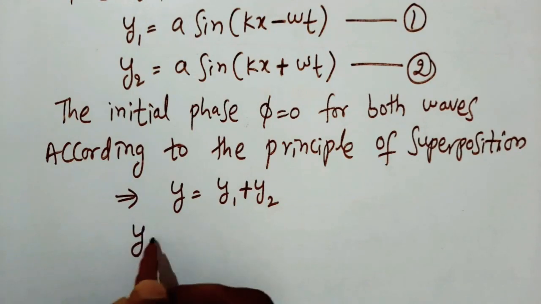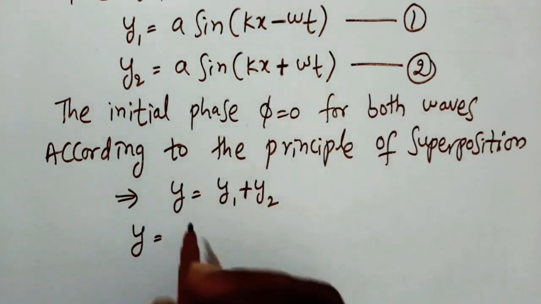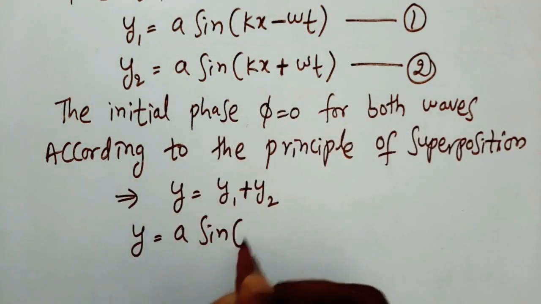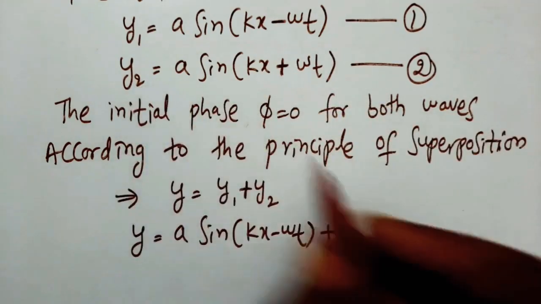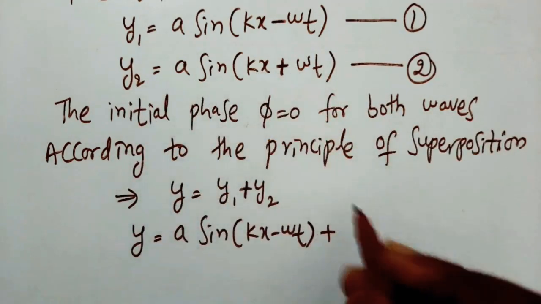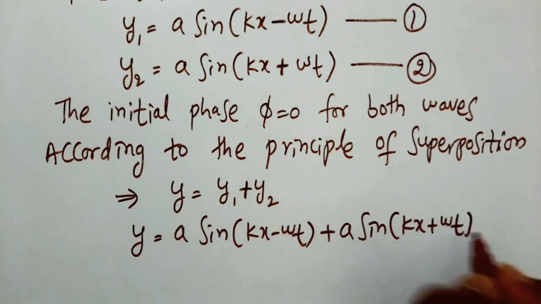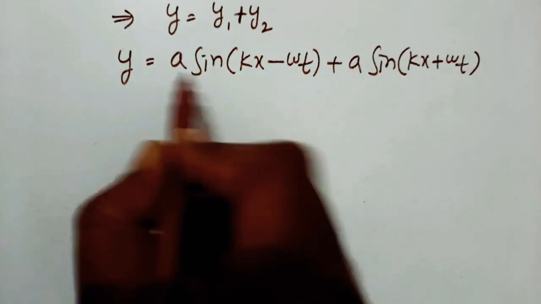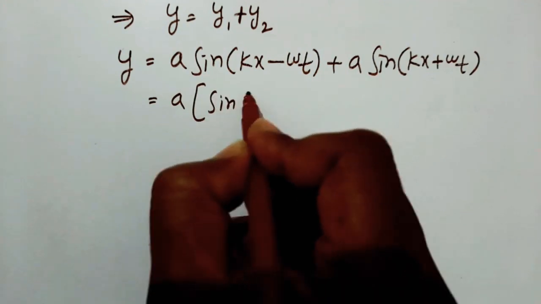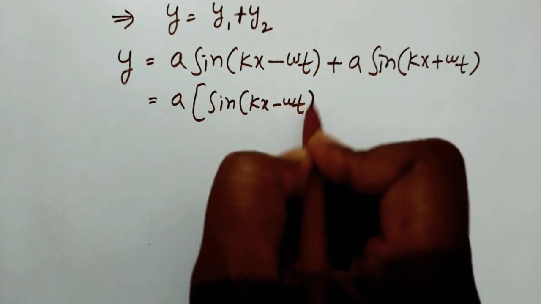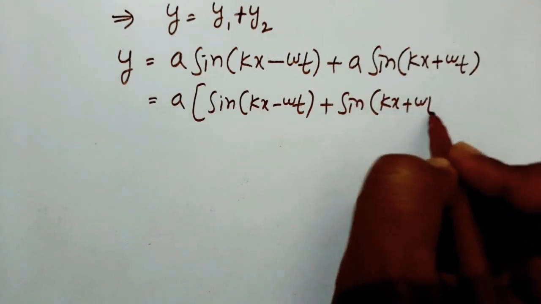So that is y is equal to, here y1 is what? a sin(kx minus omega t), plus y2 is what? a sin(kx plus omega t). Take a common: that is a into [sin(kx minus omega t) plus sin(kx plus omega t)].